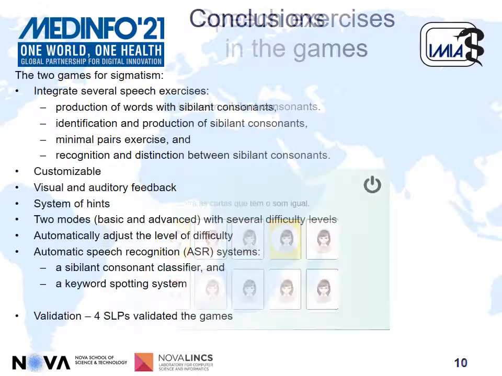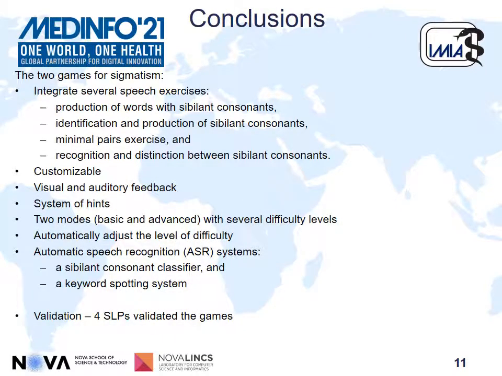To conclude, we have proposed two games for Sigmatism that integrate several speech exercises done in speech therapy, which are the production of words with sibilant consonants, the identification and production of sibilants, the minimal pairs exercise, and the recognition and distinction between sibilants. The games are customizable, that is, the speech and language pathologists can choose several parameters in order to adjust the game to the child's needs.